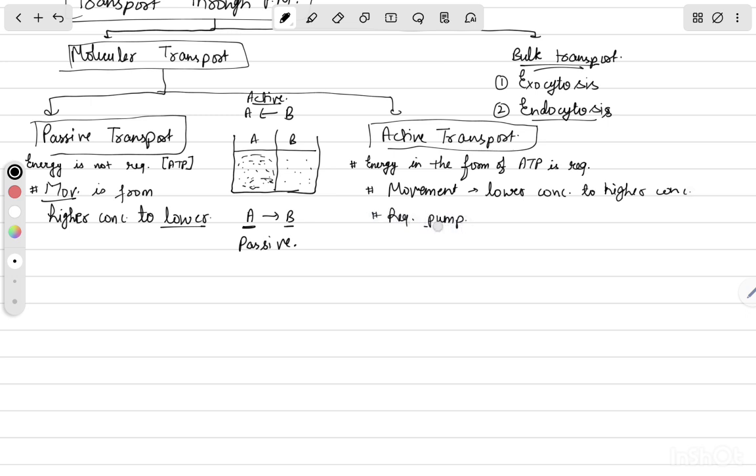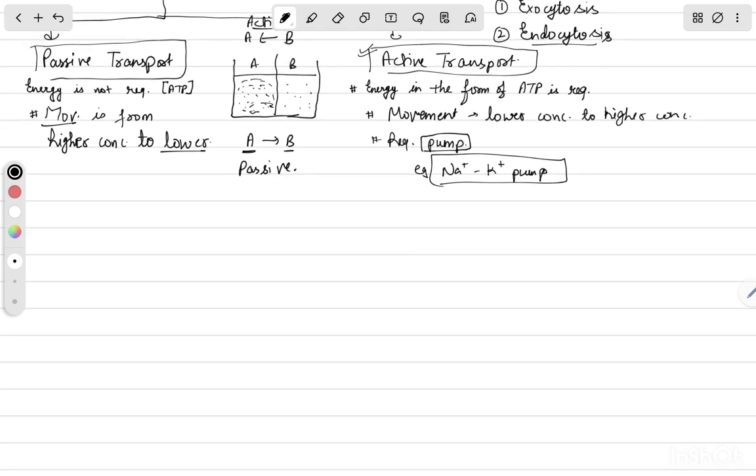An example of these pumps is the sodium potassium pump. You will learn about this sodium potassium pump in your human physiology chapter, right? So the sodium potassium pump is an example of active transport. Now we'll learn about the types of passive transport. The first type of passive transport is simple diffusion.